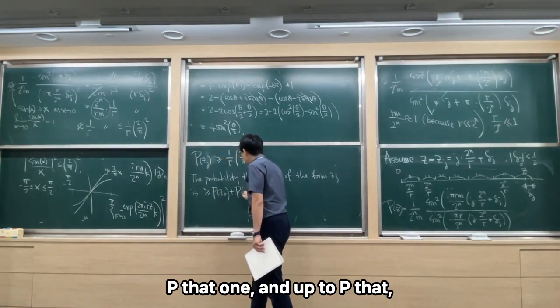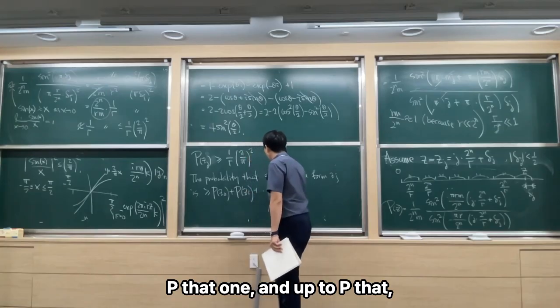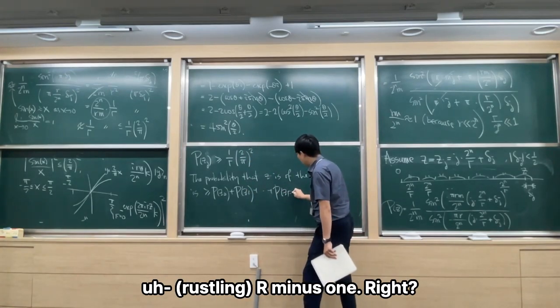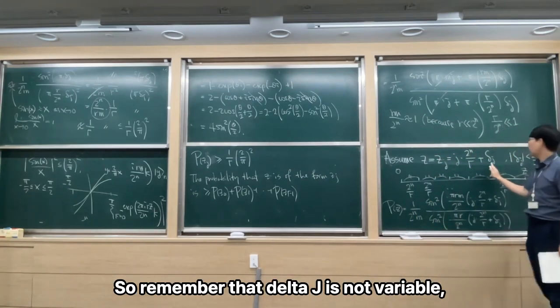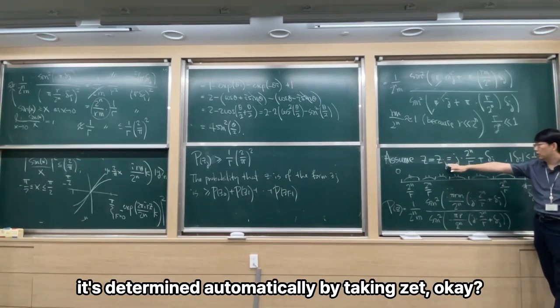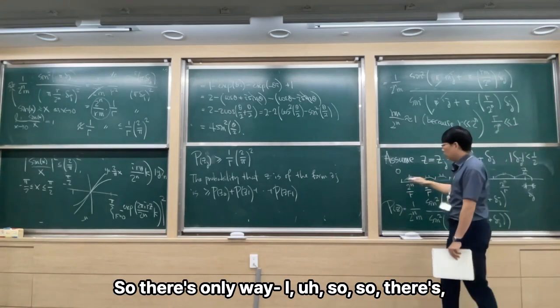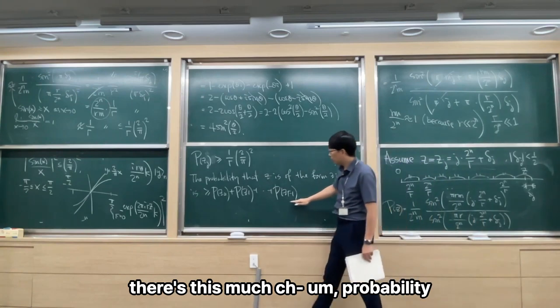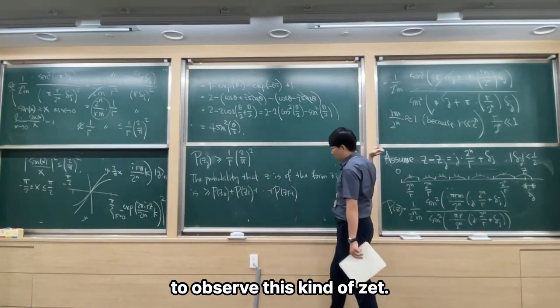P(z0), P(z1), and up to P(z r minus 1), right? So remember that delta j is not a variable. It's determined automatically by taking z, okay? So there's the only way, so there's this much probability to observe this kind of z.